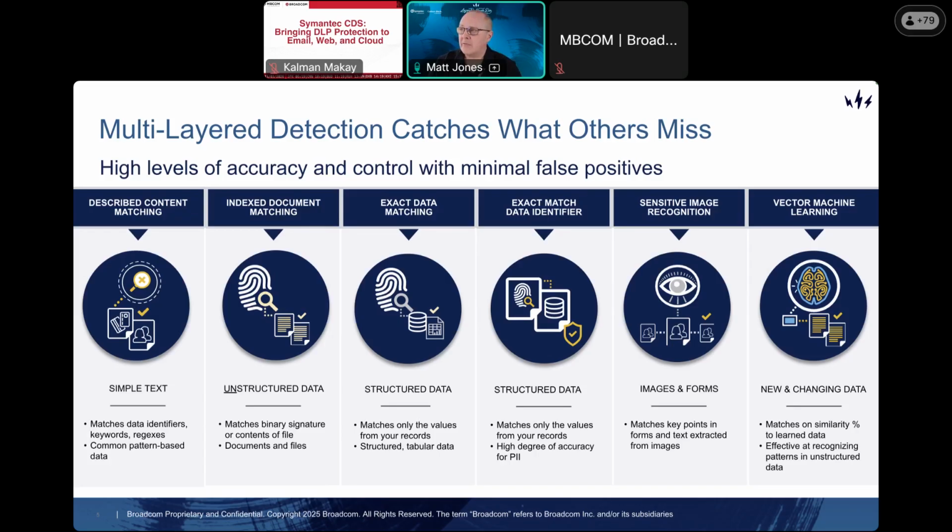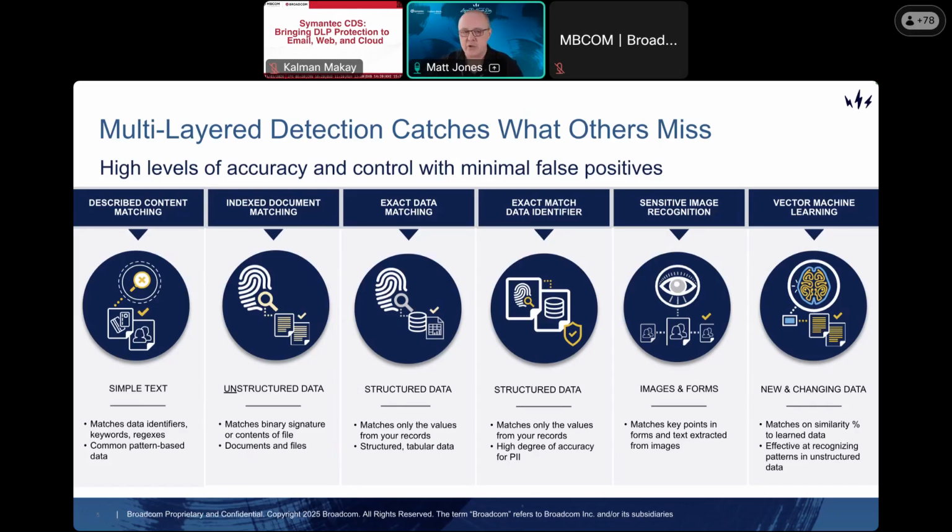So this has been around for a long time. It's kind of our AI when it comes to detection. So it's looking for data that really hasn't been created yet almost. So we know we can fingerprint existing data, structured data and unstructured data, but this is really for new documents that might be coming out all of the time.